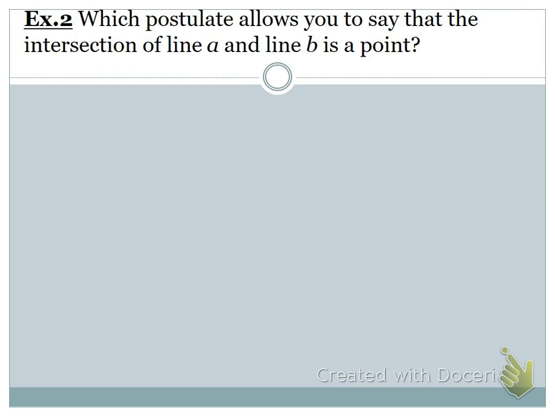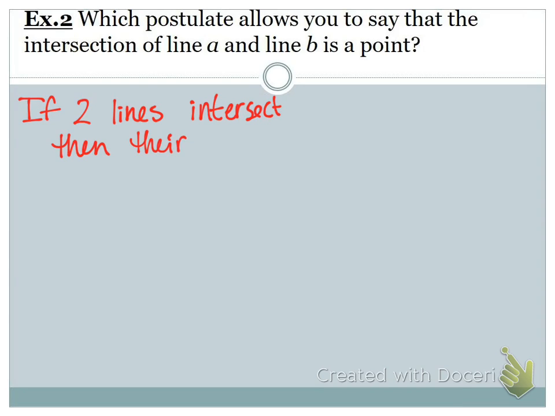If two lines intersect, then their intersection is exactly one point. Very good. If two lines intersect, their intersection is exactly one point.